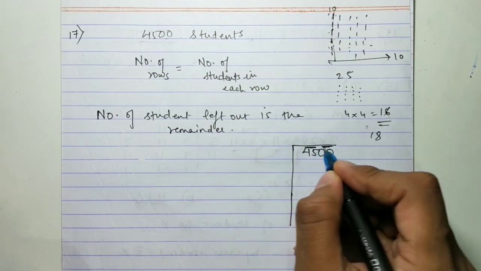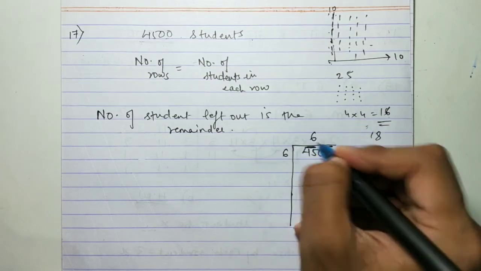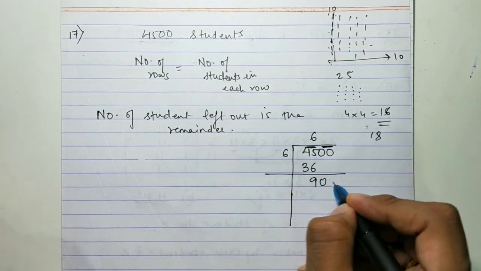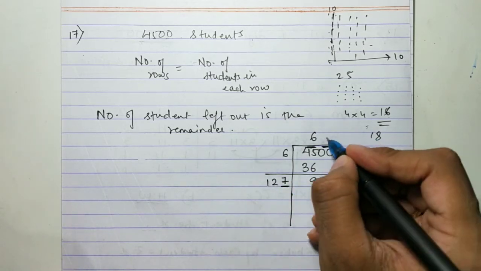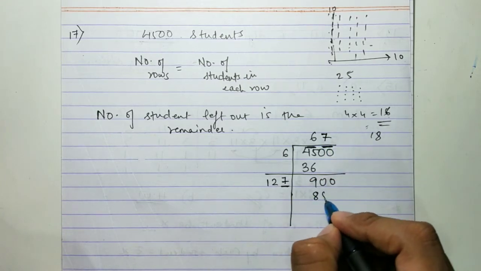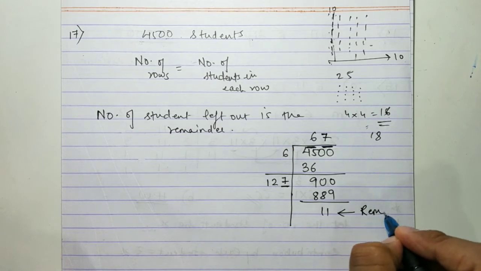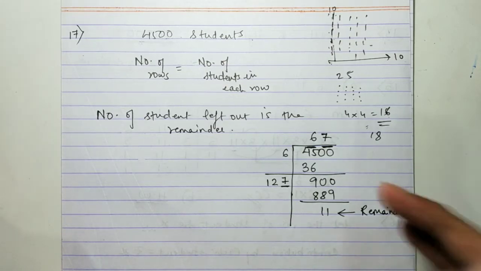Make 2 bars here, group the numbers in twos, 0 0 45. Just copy it as it is. You won't understand this if you have not seen the video of long division. But don't worry, just copy it, because once you see the video, then you can easily solve the sum.